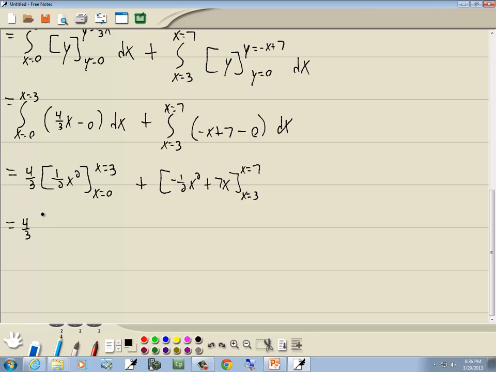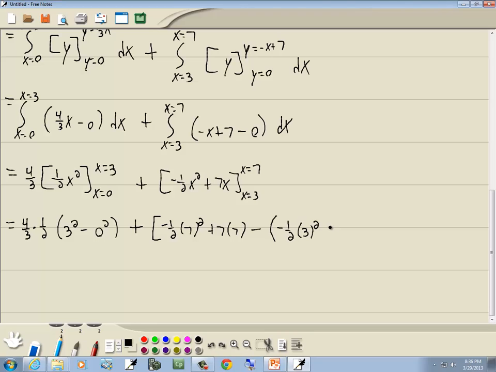And if I plug in my numbers, actually that 1/2 I could move out in front. So 4/3 times 1/2. And if I plug 3 in for the x, I'm going to have 3 squared minus, put 0 in for the x, so 0 squared, plus, and put the 7 in, so we got negative 1/2 times 7 squared, plus 7 times 7, minus, and then we got negative 1/2, and I'll put 3 in for the x.